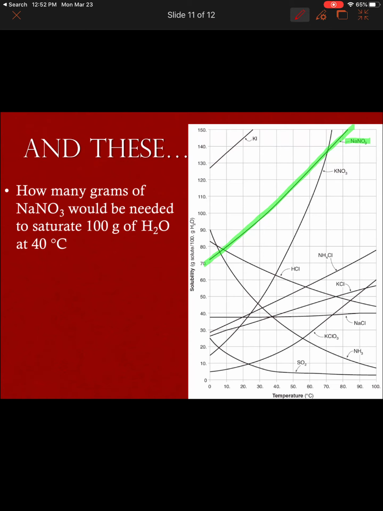So let's look at our specific coordinates. How many grams would be needed at 40 degrees Celsius? So here's 40. And I'm going to go up till I hit the curve. And then I'm going to go across, which lands me, I'd say about 105 grams. Right? Looks about right. Smack in the middle between 100 and 110. Lo and behold, the answer is 105. That one wasn't too bad.